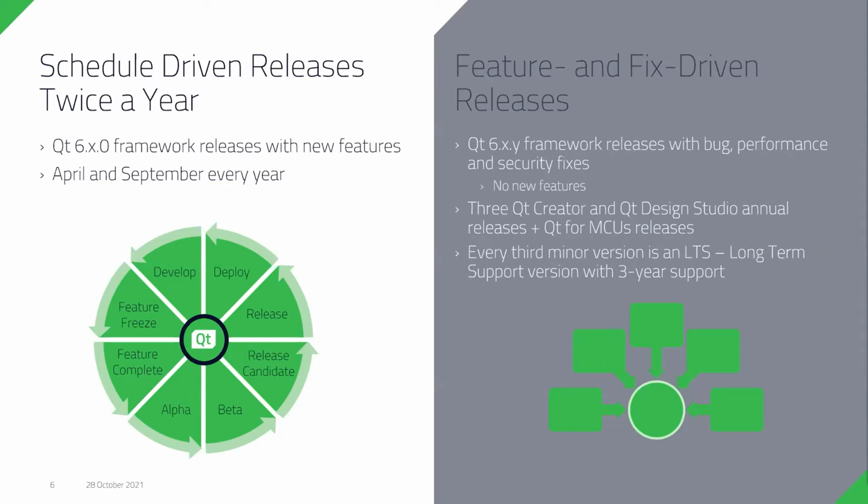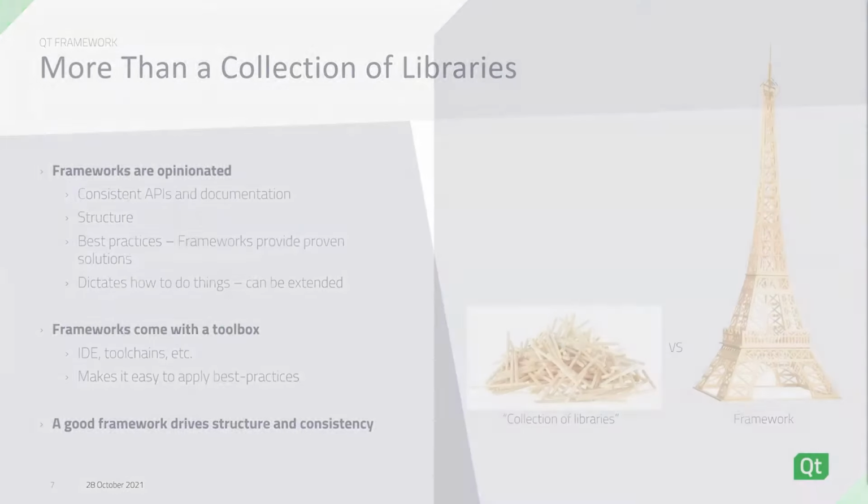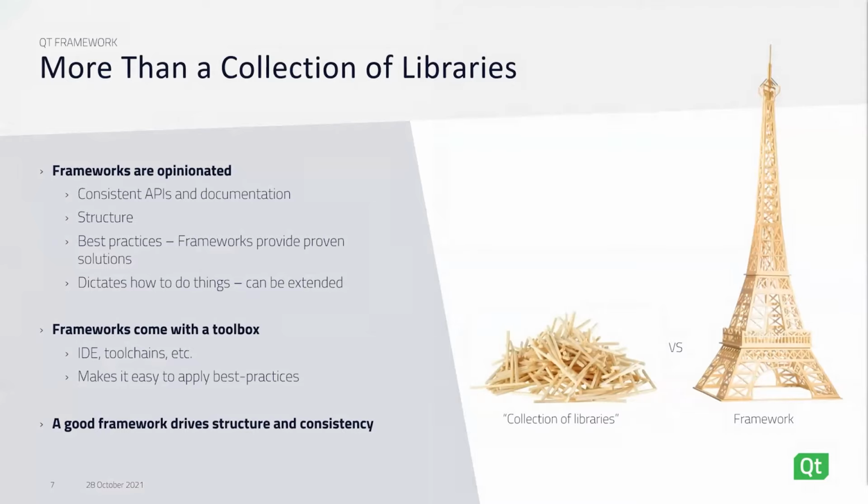Next slide. So we like to say that the Qt framework itself is more than a collection of libraries. You don't have to go out and find your own serial port driver or your own OPC UA library.